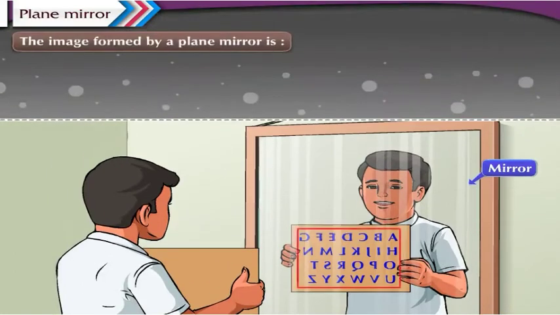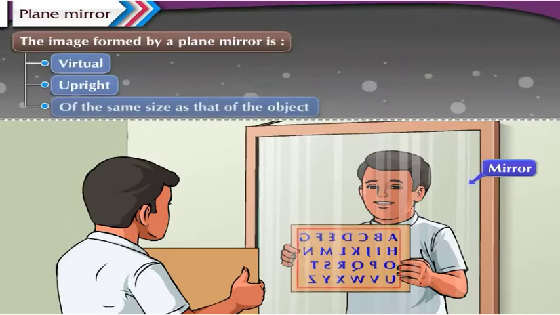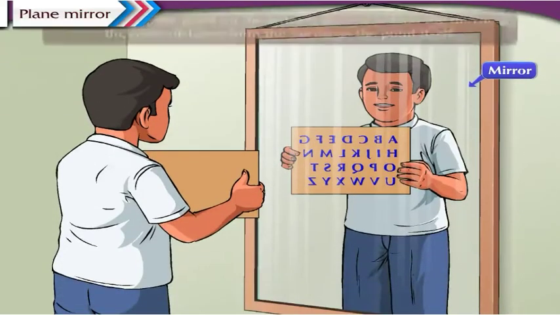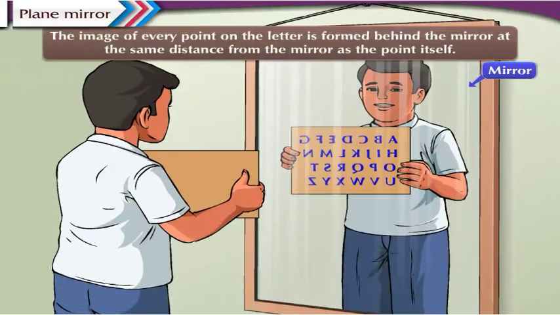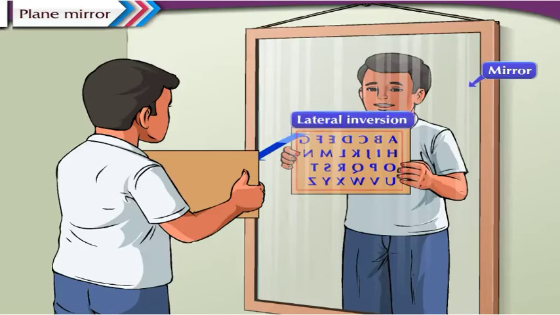The image formed by a plane mirror is virtual, upright, and of the same size as that of the object. The image of every point on the letter is formed behind the mirror at the same distance from the mirror as the point itself. This is called lateral inversion.